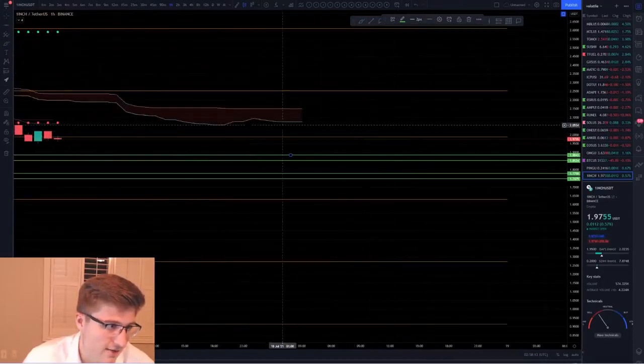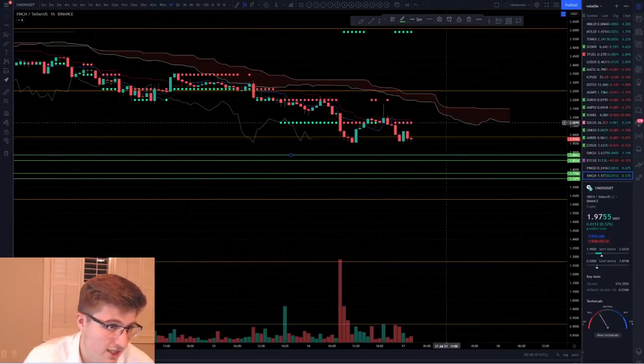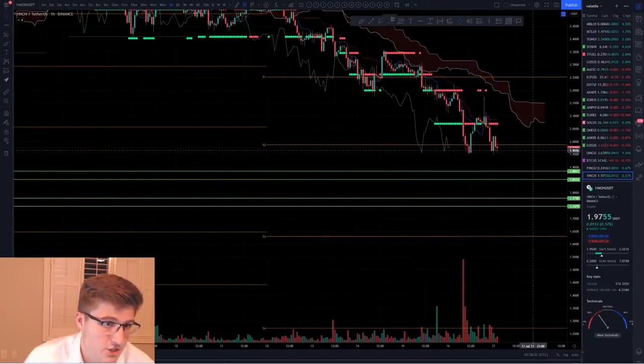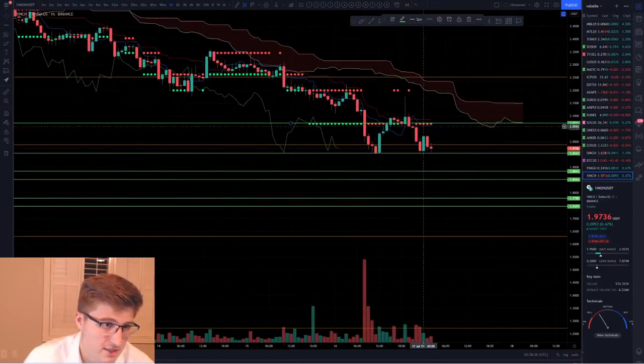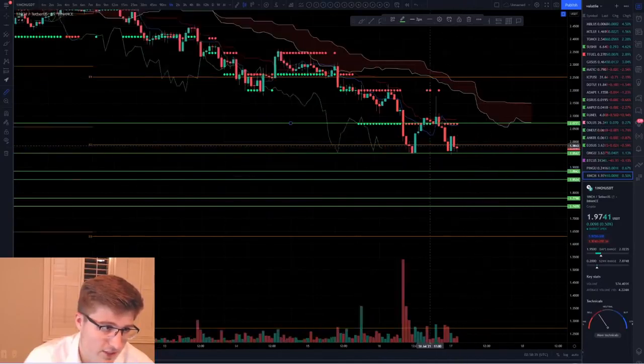But this S2 level, we need to break below this S2. We do have this resistance here that just built at $2 with 1 inch. At least on the 1 hour, we are in this range. That's our support, this is our resistance. We are at the bottom of this range. If we push down, we look like we're going to around 187 to 184, and then we could just build a new range right here.